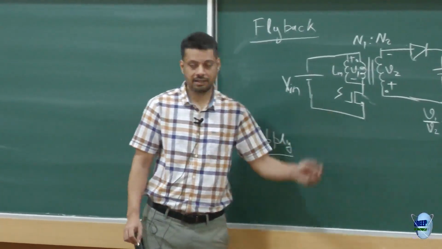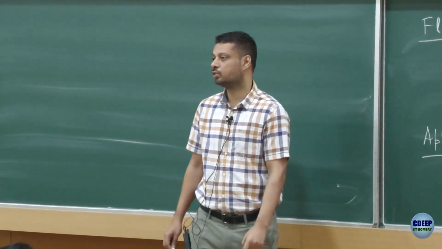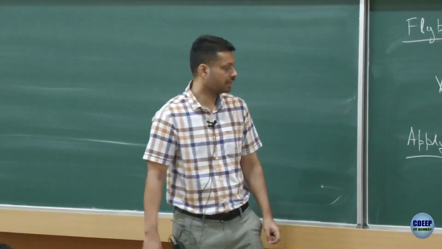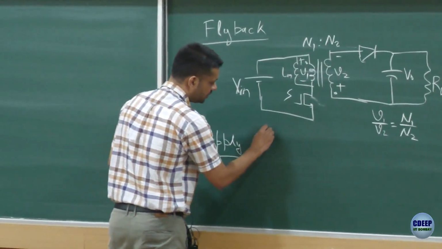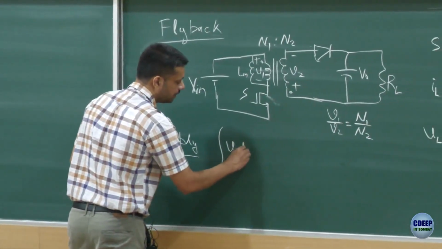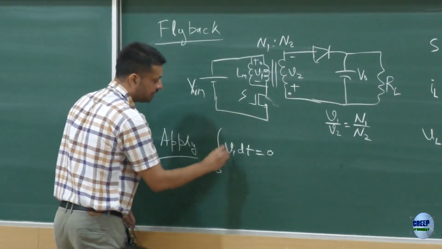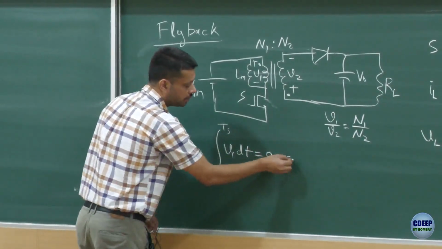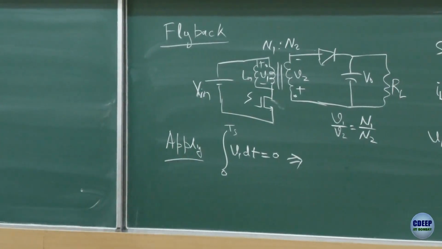So now we can apply the volt second balance, since we have drawn the voltage V1, which is the voltage across the inductor. If I apply the volt second balance, which is the integral of V1 dt equal to 0, going from 0 to Ts, this would give us the relationship between the input voltage and the output voltage, right?